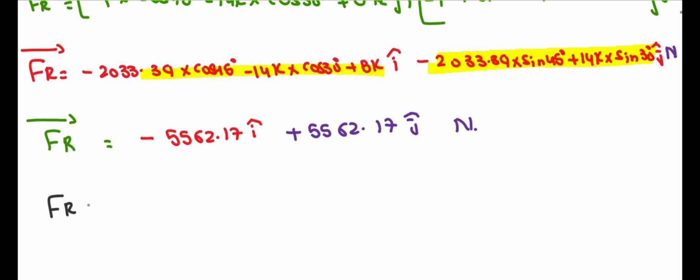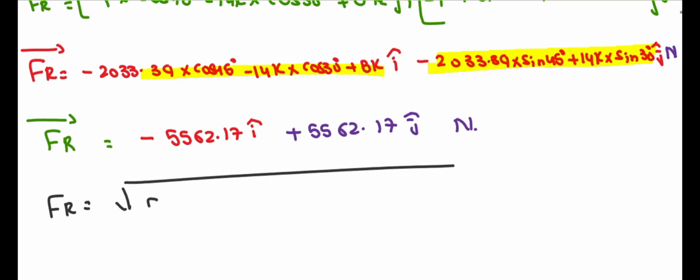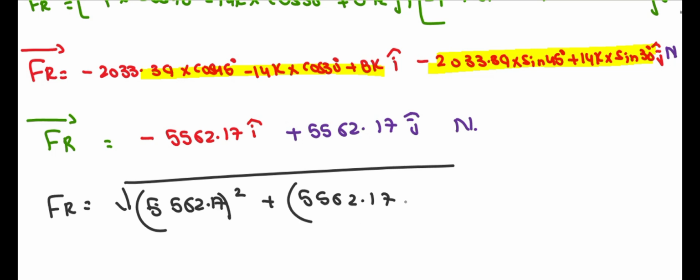So Fr is equal to the square root of (5562.17)² plus (5562.17)². So grab the calculator, put the values into it and solve it for the magnitude of Fr. So the magnitude of Fr is nothing but 7866.09 Newton. Now your question has been solved here and your concept too.